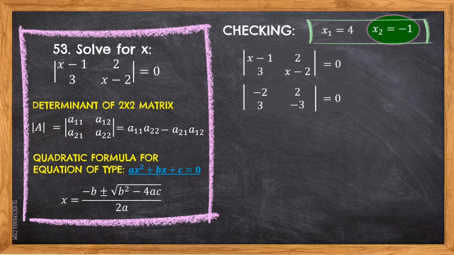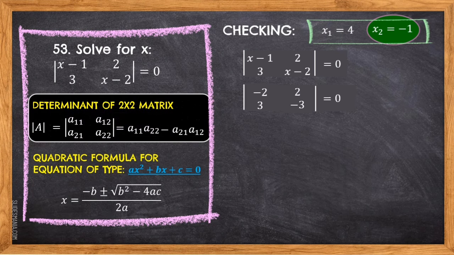Using the determinant of a 2 by 2 matrix, the determinant is equal to negative 2 times negative 3 minus 3 times 2. Negative 2 times negative 3 is equal to 6, minus 3 times 2 is equal to 6, which is equal to 0. So 6 minus 6 is equal to 0, and it is equal to 0. It is equal, so the x sub 2 value is correct.